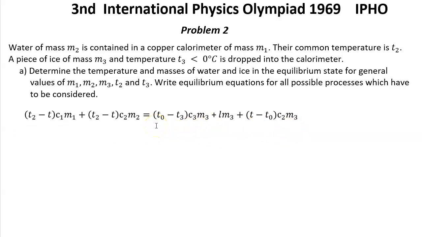So first the ice became 0 degrees. It means that here we have (T0 minus T3) multiplied by C3 M3. That's the total heat for ice from temperature T3 to temperature T0, plus all the heat taken to convert our ice to water, which is L multiplied by M3, plus the rest, which is (T minus T0) multiplied by C3 and M3.